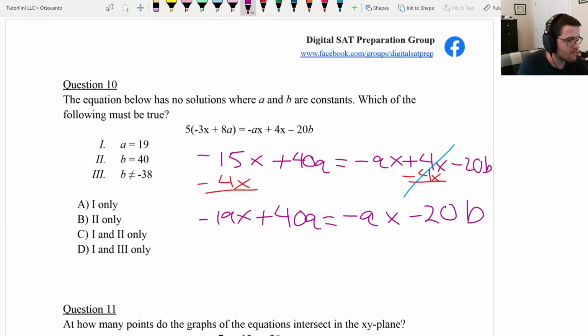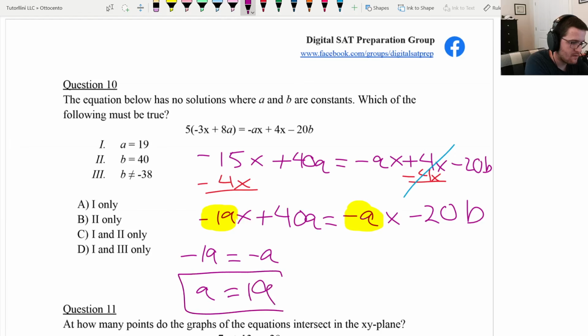So, no solution has the same slope and different y-intercept. So the slopes are the same. So negative 19 equals negative a. So that means a is equal to 19. So right away, this one's looking good.